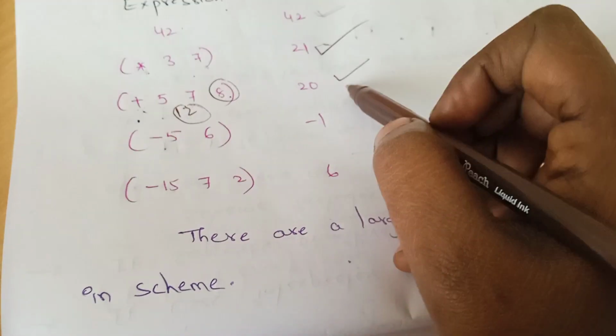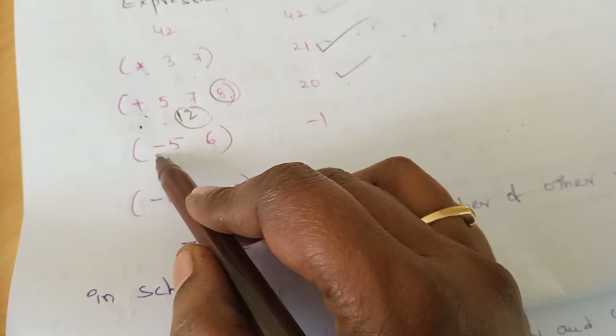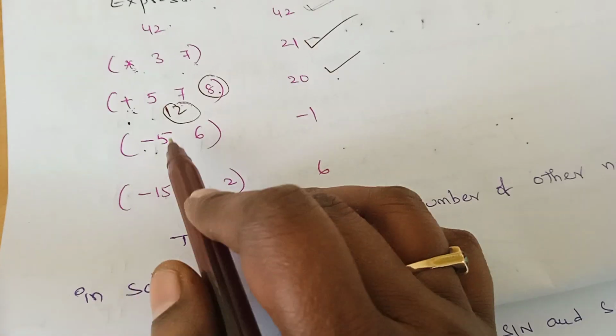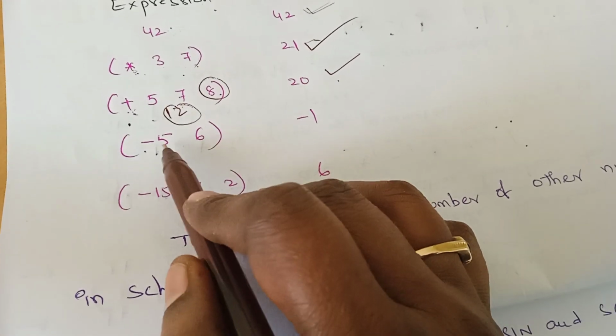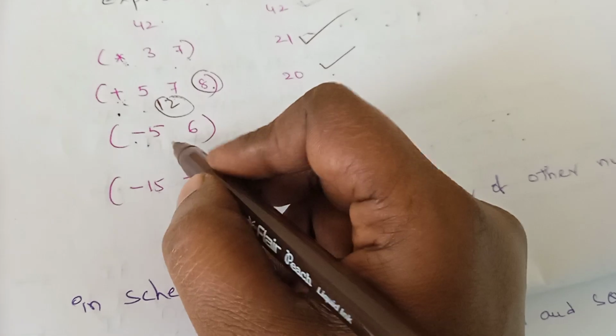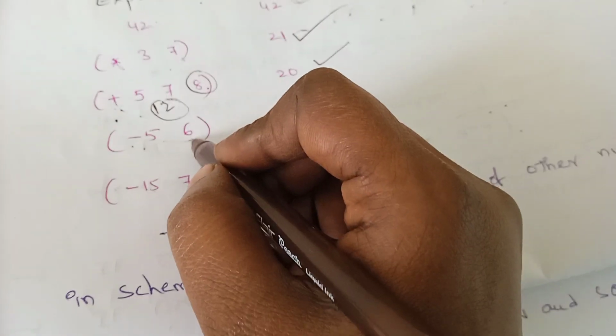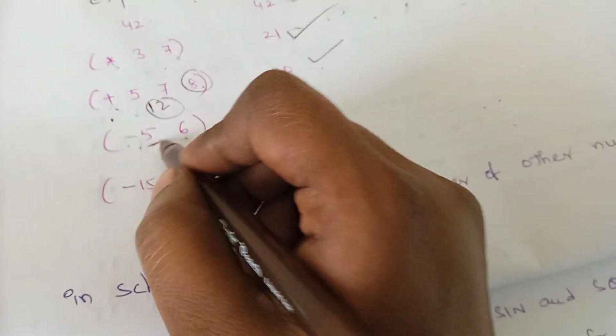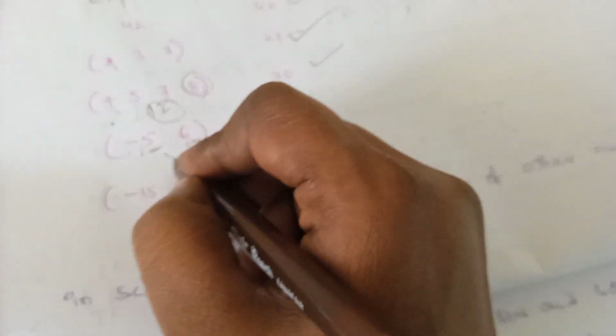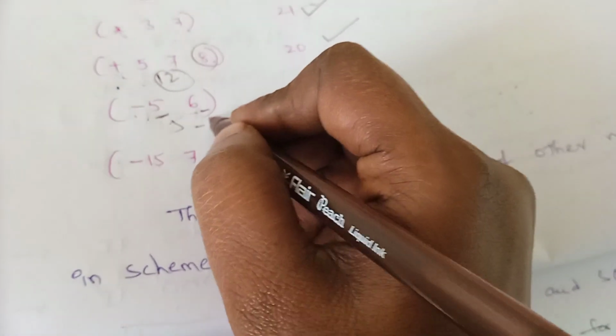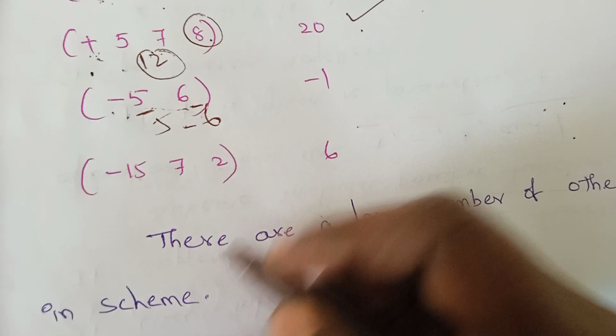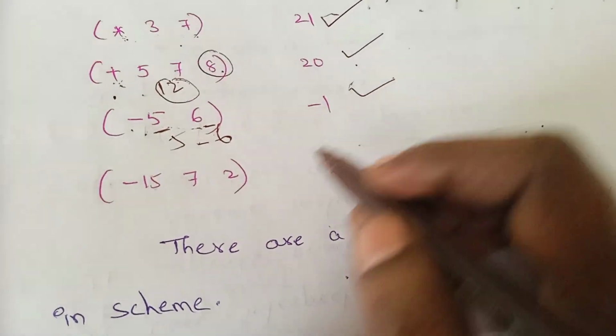In turn the result will be 20. Now minus is a function which has two parameters, 5 and 6. The function will be applied on these parameters, so it will be 5 minus 6. In turn the result is minus 1.